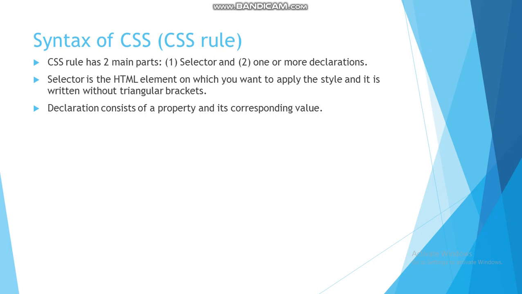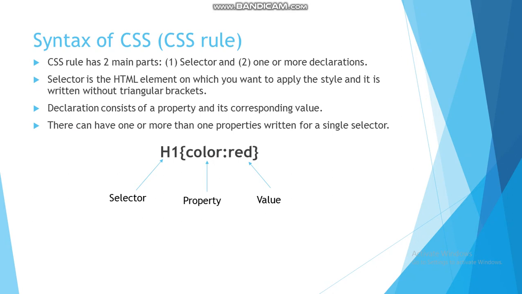Declaration consists of two things: property and its corresponding value. So there can have one or more than one properties written for a single selector. So if there is any one selector, suppose h1, then for h1 element or selector, we can use either one or more than one properties.